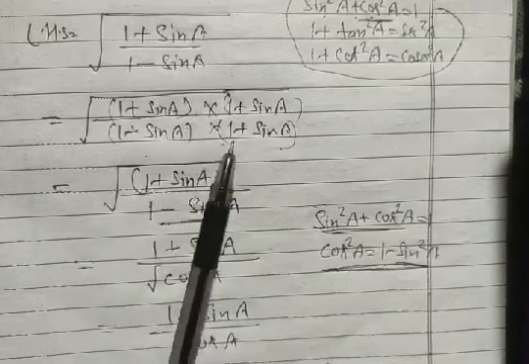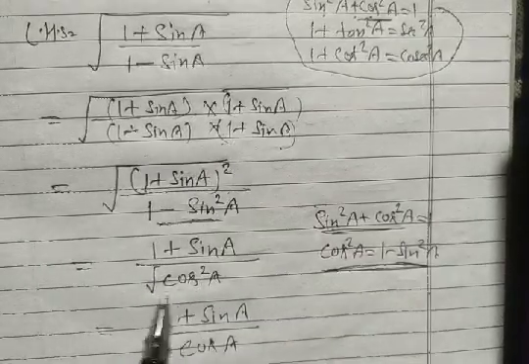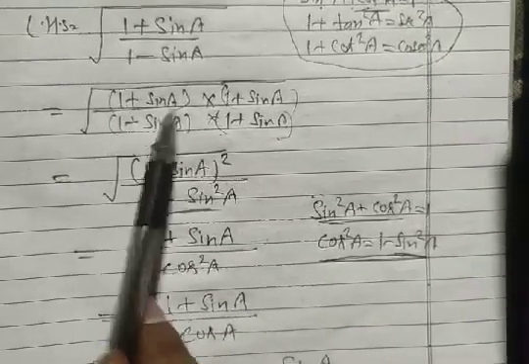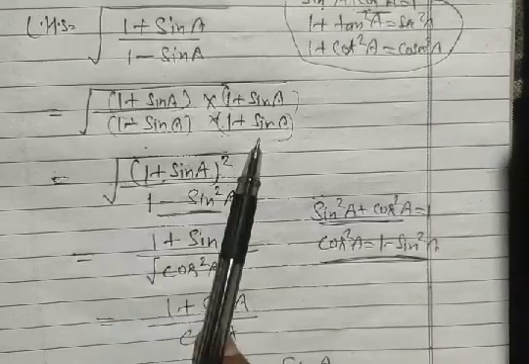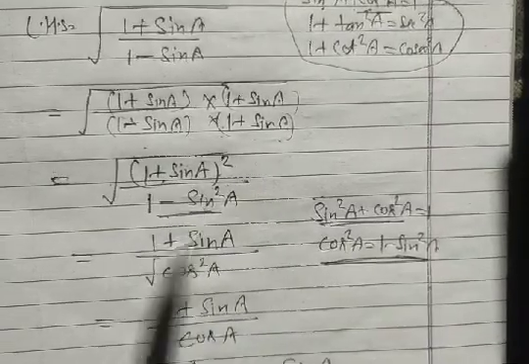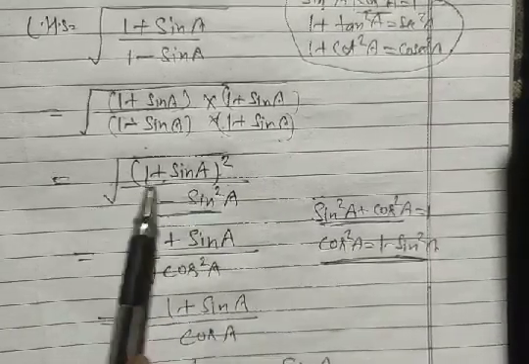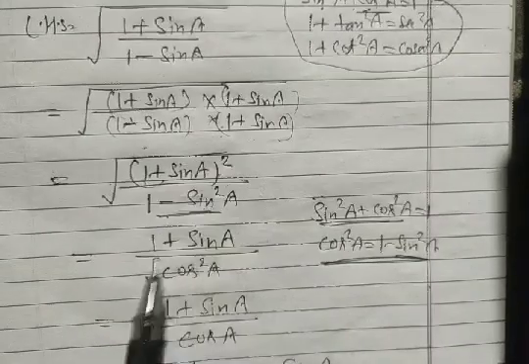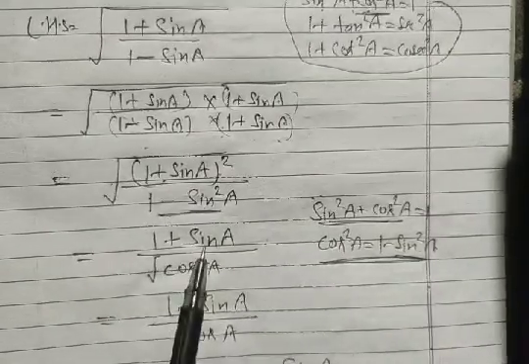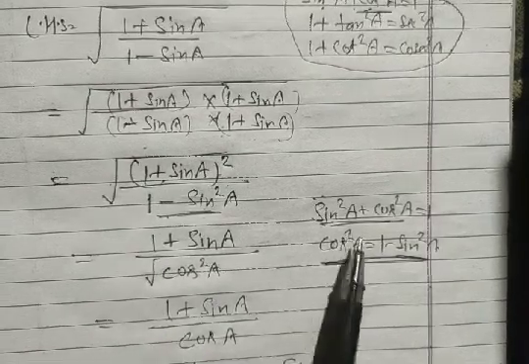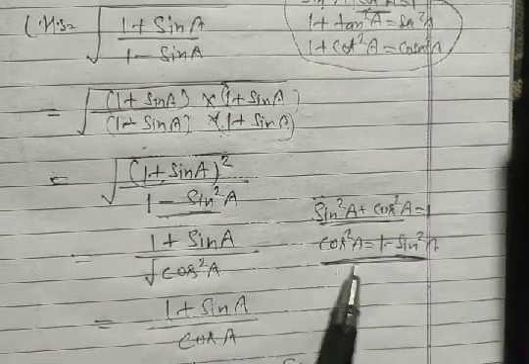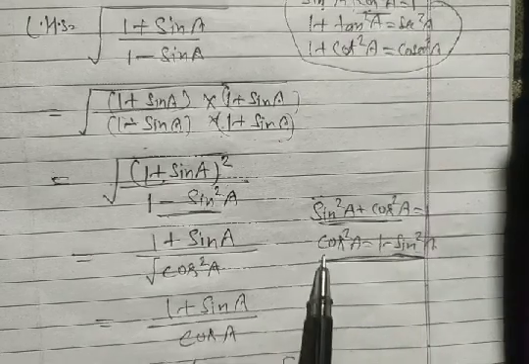Now it's a plus b whole square in the numerator, and a minus b into a plus b, so a square minus b square, in the denominator. Under the root we have 1 plus sin a, and in the denominator we use one of the identities, 1 minus sin square a equal to cos square a.